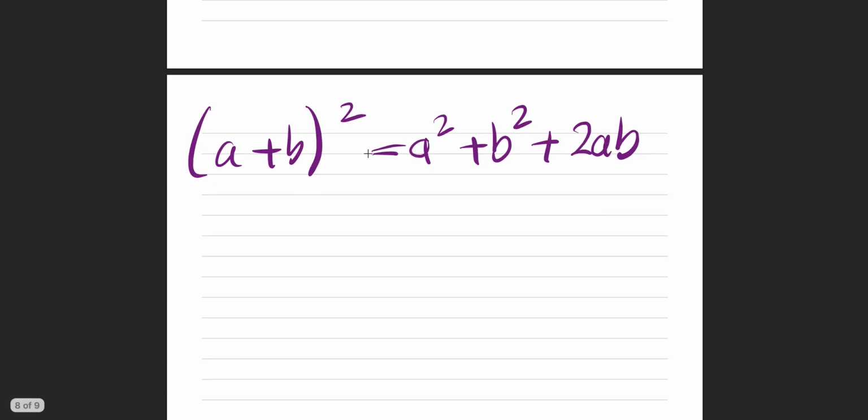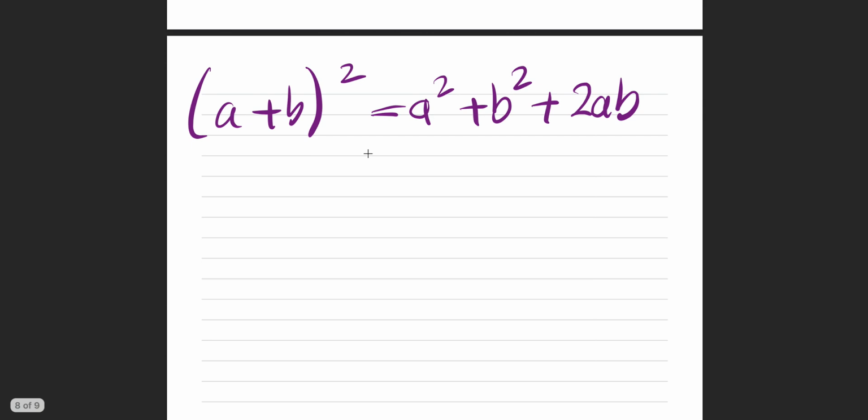Okay, so here's some high school refresher. Essentially, we're using this identity.